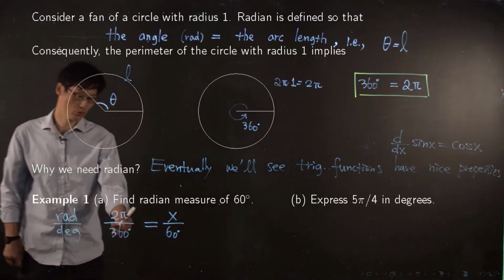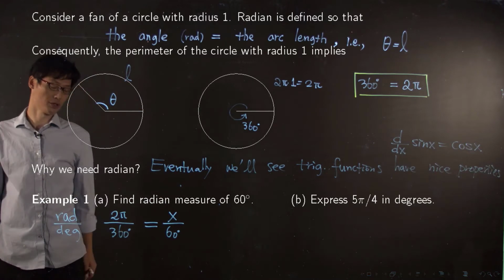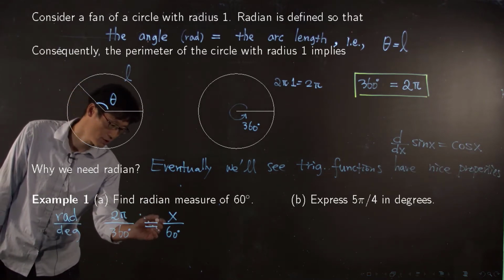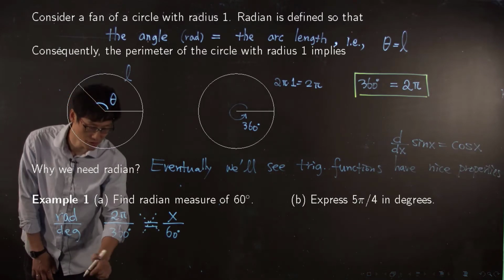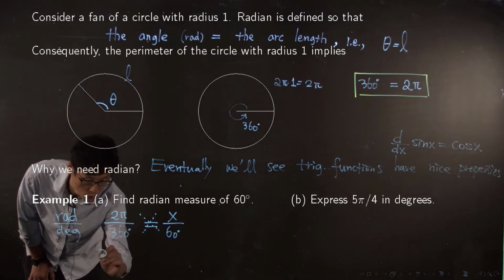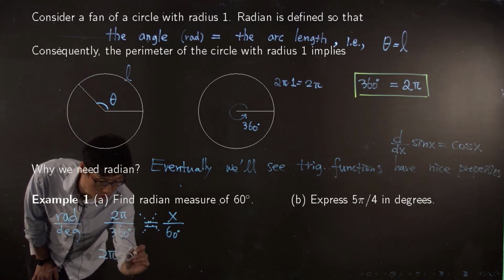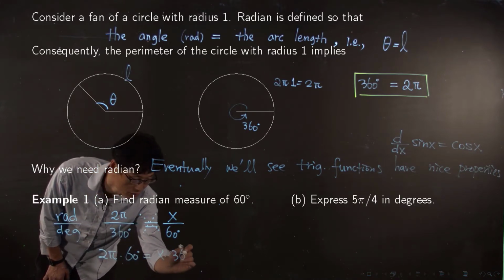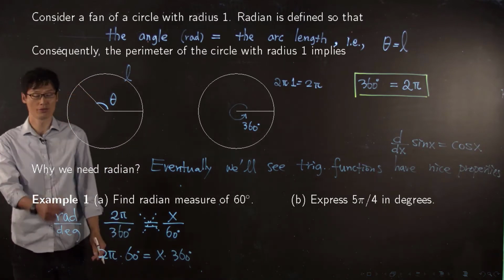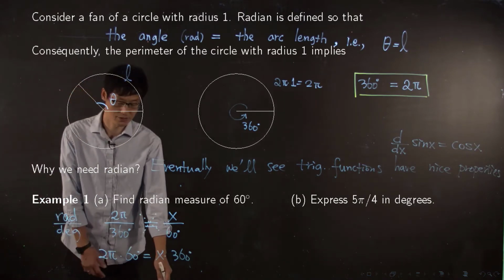One way to solve this equation is to take a cross product. You take the product, so 2 pi times 60 is x times 360. Once you solve this, you will get x.